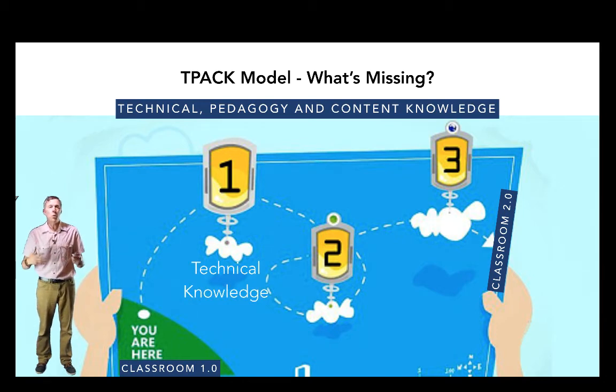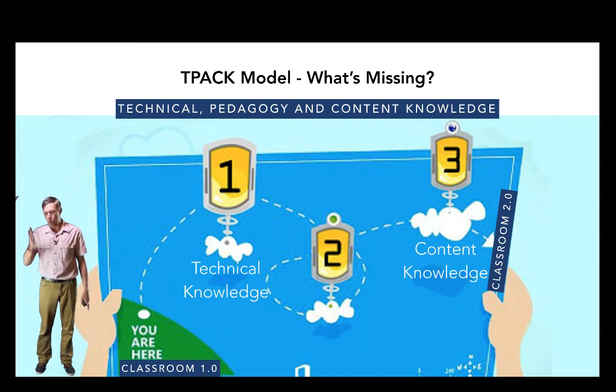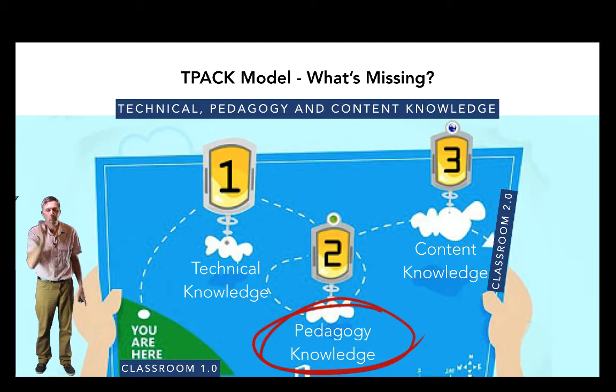Even as teachers, we know how to use the software. We know how to use the tablet or the smartphone or the laptop or the netbook. We're understanding that. And equally, we understand our content. I know my subject, geography or history or maths or English. What's missing? The thing in the middle is pedagogy. That is the missing component.